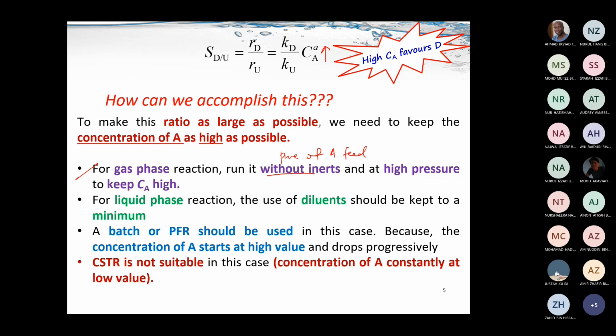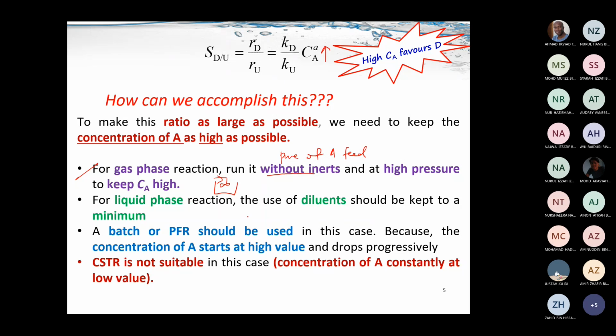For a liquid phase reaction, the use of diluent should be kept to a minimum, especially in a CSTR, if possible do not put in a diluent. A batch reactor or PFR should be used in this case because the concentration of A starts at a high value and drops progressively.